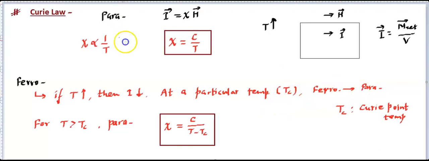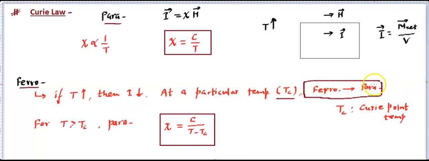Understood? So these two points are extremely important. The first is called Curie's law, and this is also related to that Curie point. Here susceptibility is reciprocal to temperature for paramagnetic material. Keep in mind, for ferromagnetic material, we do not have this kind of relation. But yes, if the temperature is increased, then I decreases, and at a particular temperature this transition takes place.